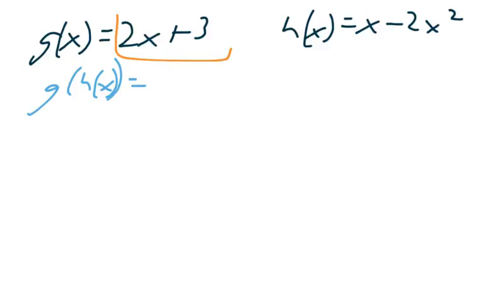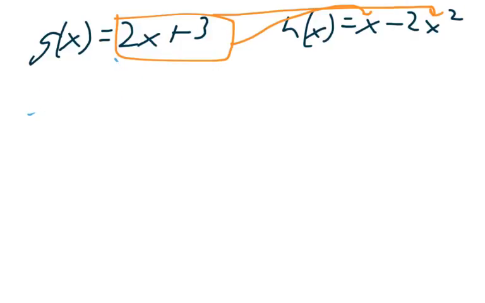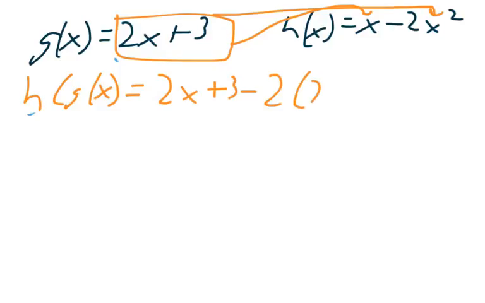For part B, I'm going to take this and plug it in here and here. And so this is going to be h of g of x is equal to 2x plus 3 minus 2 times 2x plus 3 squared. Now when you do this, you got 2x plus 3 minus 2.